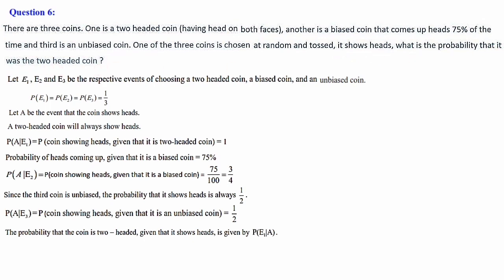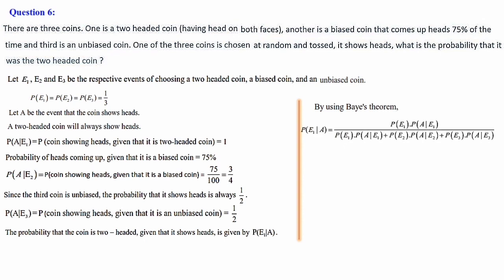That is the probability of E1 given A we have to calculate by using Bayes theorem. We can write the formula P of E1 given A is equal to P of E1 into P of A given E1 divided by the total probability, that is P of E1 into P of A given E1 plus P of E2 into P of A given E2 plus P of E3 into P of A given E3.